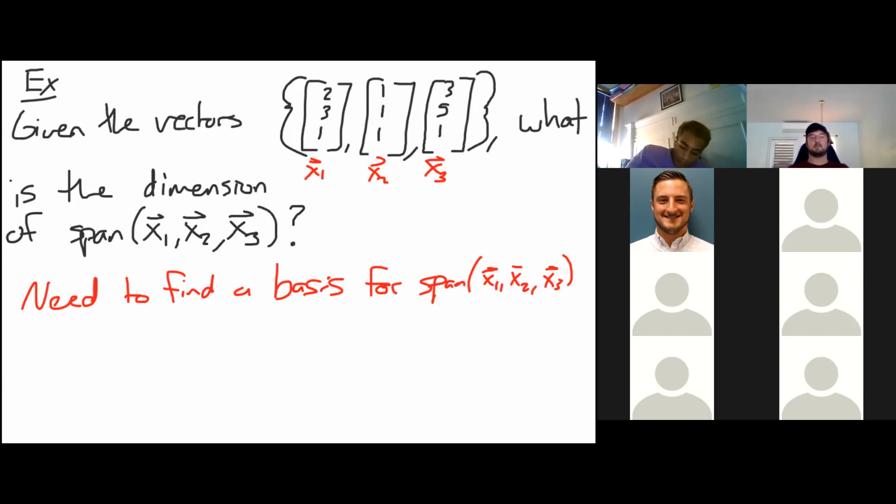Okay. So, what is a logical starting point? What set of vectors could I go ahead and test to see if they form a basis? I don't want to pick on Liana because she said she's at work.